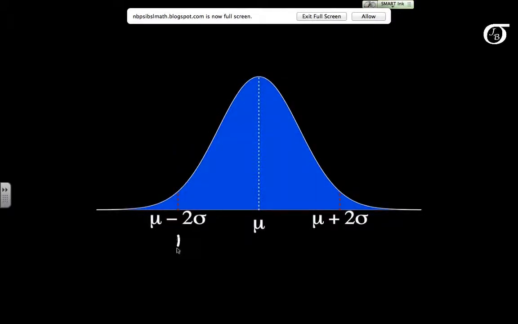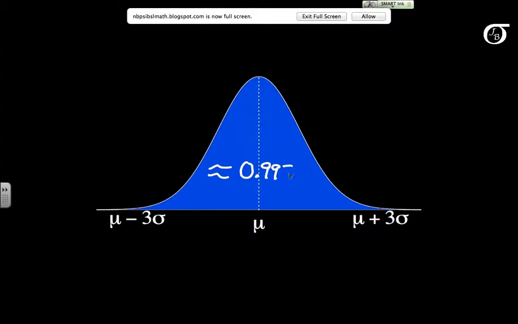Here I've plotted mu minus 2 standard deviations to mu plus 2 standard deviations, and approximately 95% of the area lies within 2 standard deviations of the mean. And approximately 99.7% of the area lies within 3 standard deviations of the mean.